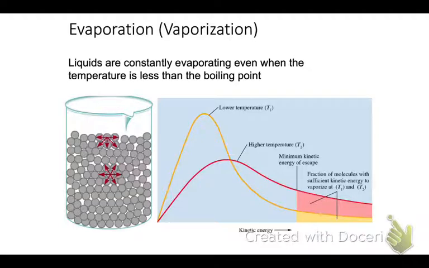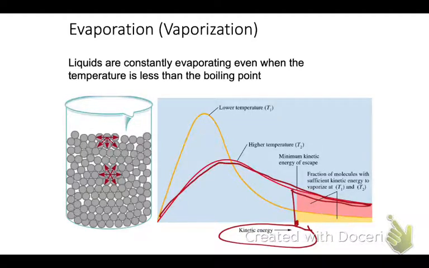So if you look at this diagram here, this is the kinetic energy, and this is the amount of the kinetic energy on the x-axis that is needed to escape. Under the red curve, which is higher temperature, you can see that a larger fraction of the molecules have enough energy to escape the surface and become a gas above the surface, while the yellow area is how many molecules at lower temperature will have that amount of energy needed to escape the surface.